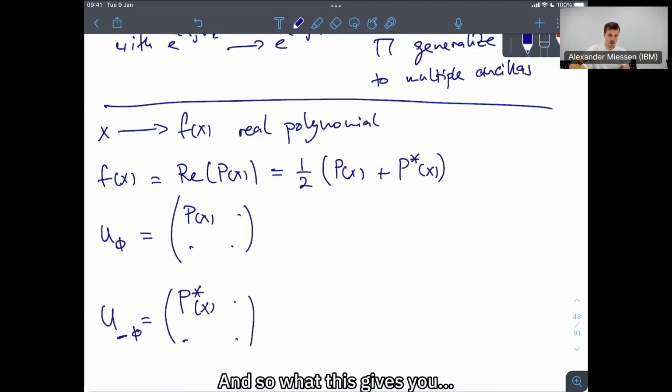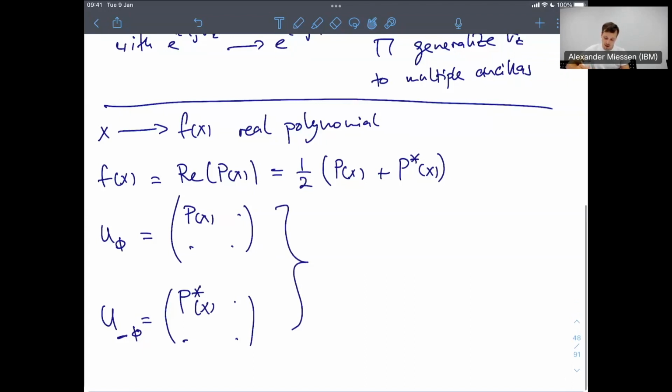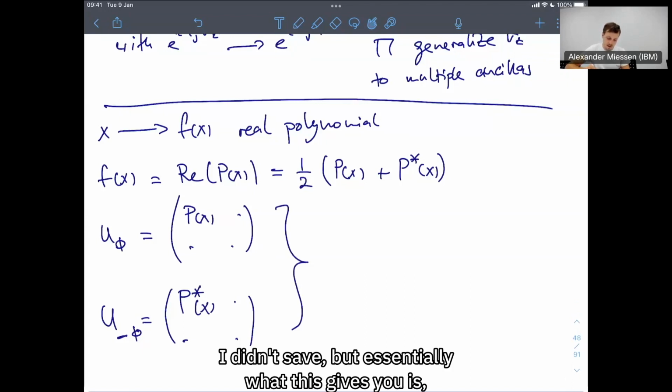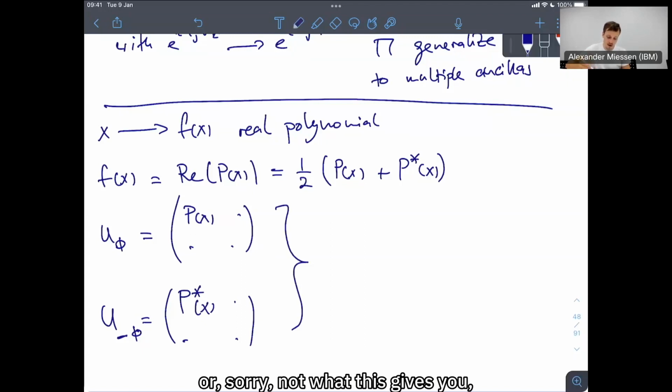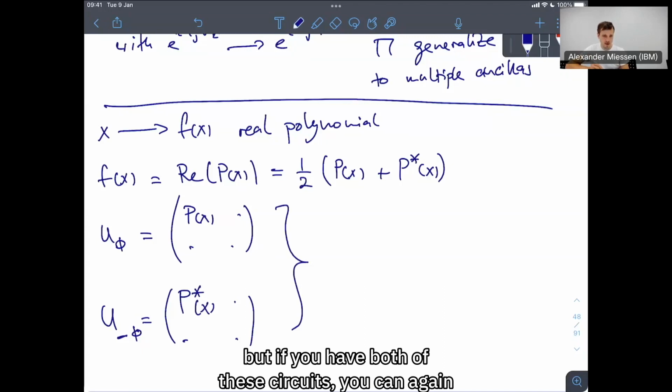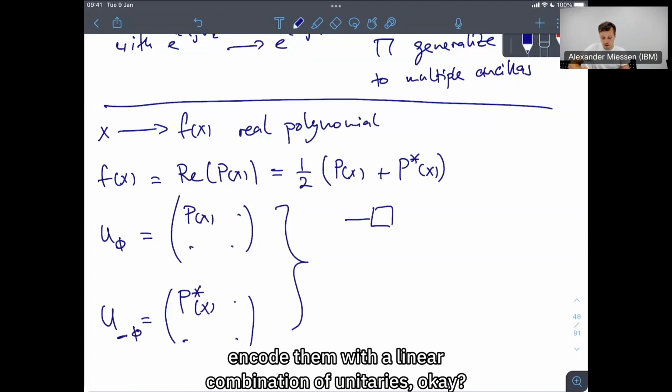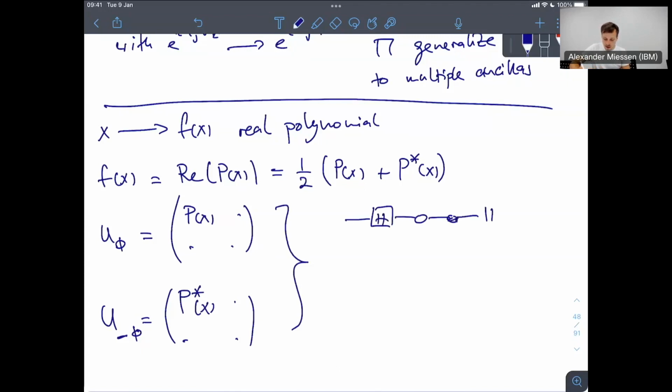If you have both of these circuits, you can again encode them with a linear combination of unitaries, like so.